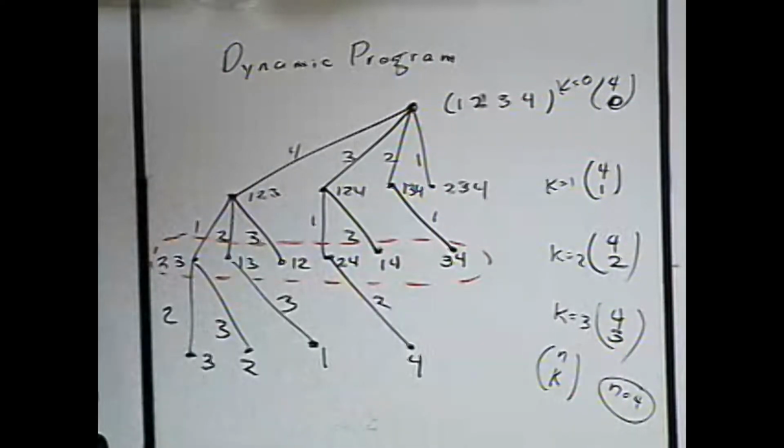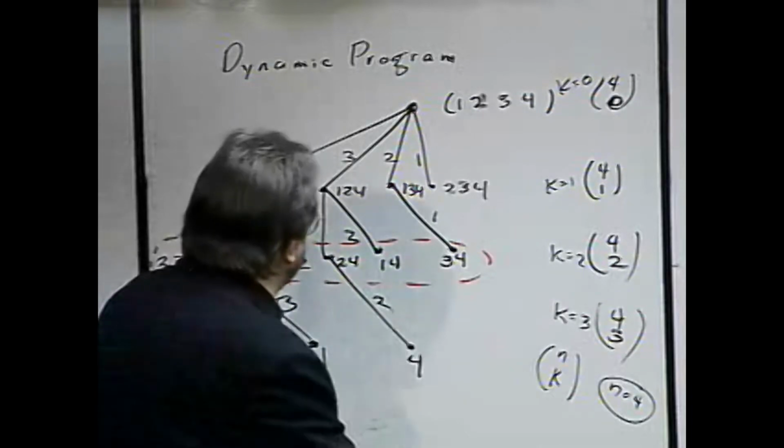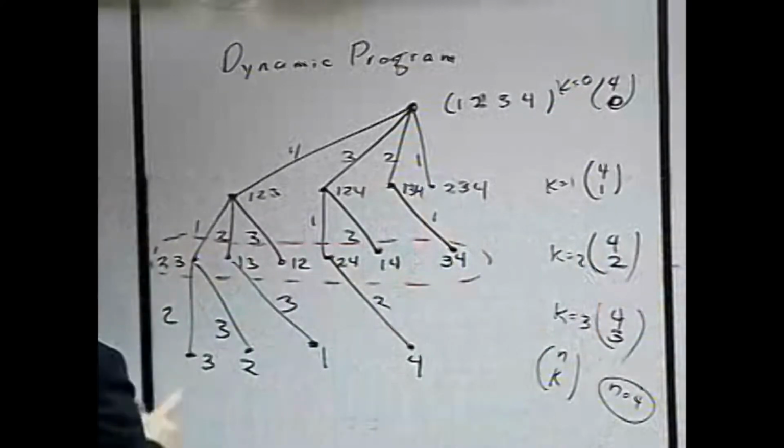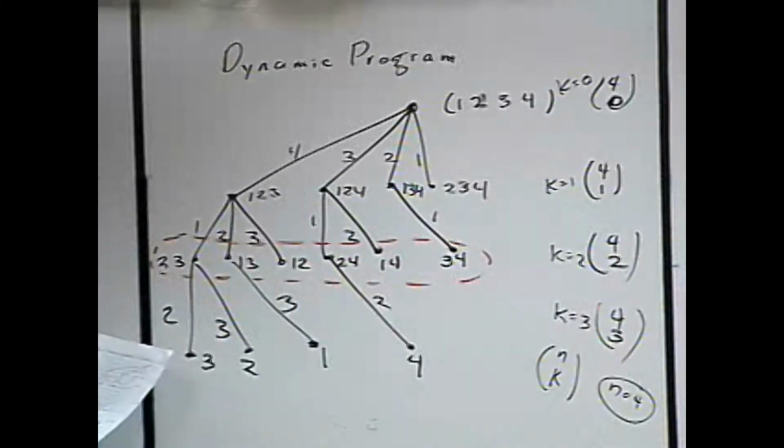Now, suppose that our goodness measure here was the Fisher distance. If it was the Fisher distance, we would have to compute the Fisher distance for all of these elements. But what is nice about dynamic programming is that it lets us stop things at higher places. Let me show you for an example.